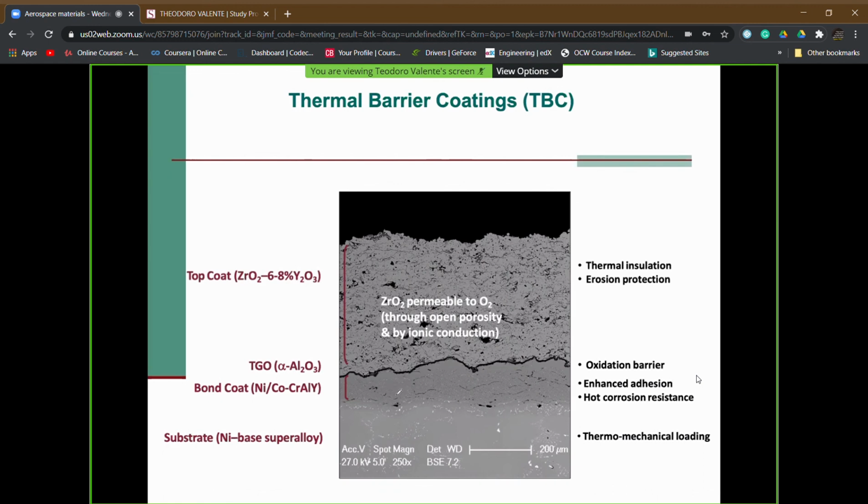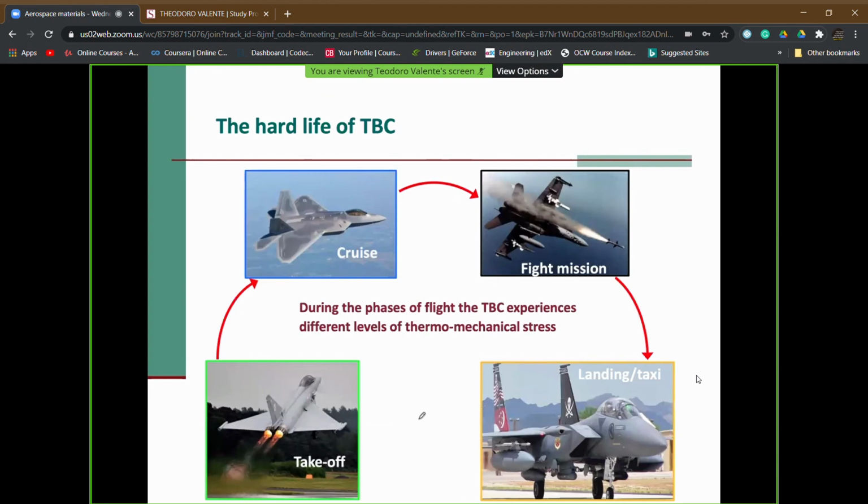If we want, we can also remove the bond coat. We have the superalloy not affected by any damage, and it can be refabricated on the blade in order to restart with a duly selected lifetime of the blade itself.